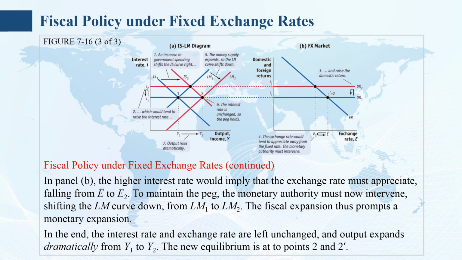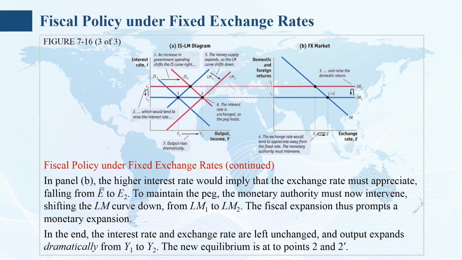To maintain the peg, the monetary authority must now intervene, shifting the LM curve down from LM1 to LM2. The fiscal expansion thus prompts a monetary expansion. In the end, the interest rate and the exchange rate are left unchanged, and the output expands dramatically from Y1 to Y2.